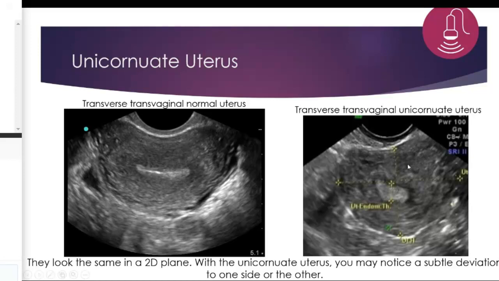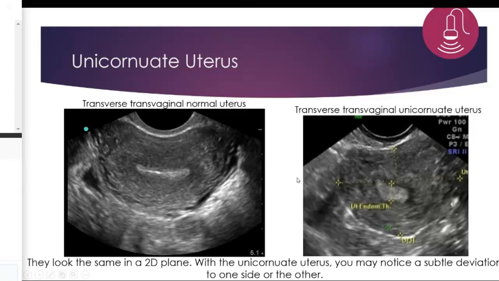So again, if you were scanning this abnormal unicorn uterus live, you may notice a subtle deviation of the fundus of the uterus to one side or the other. But again, that's not diagnostic of a unicorn uterus, as everyone's uterus is in a different position and it could just be a normal thing for this patient.